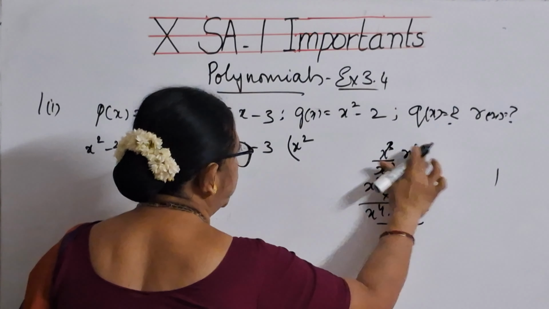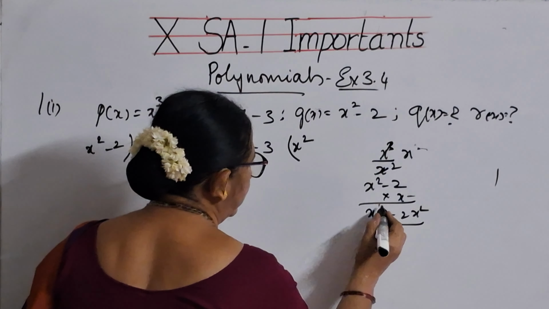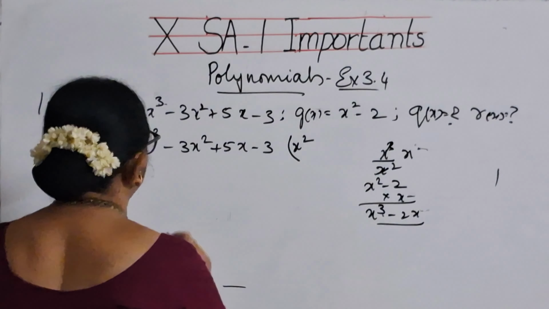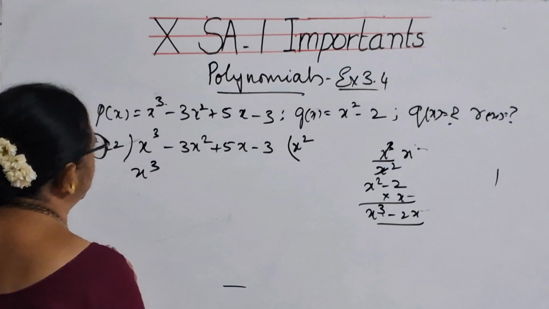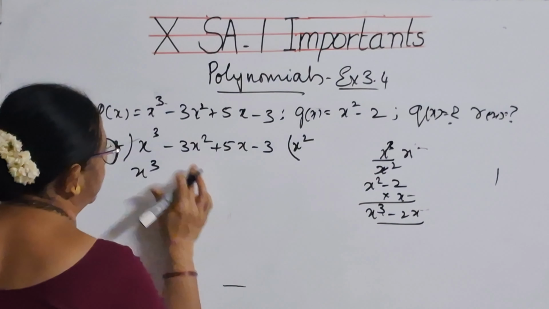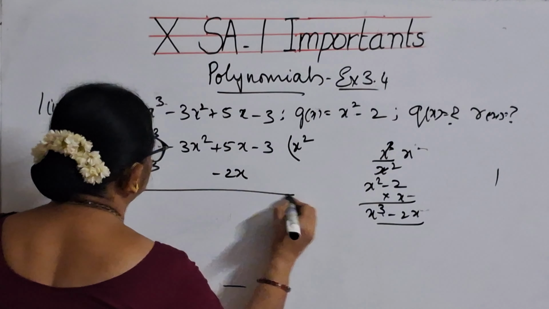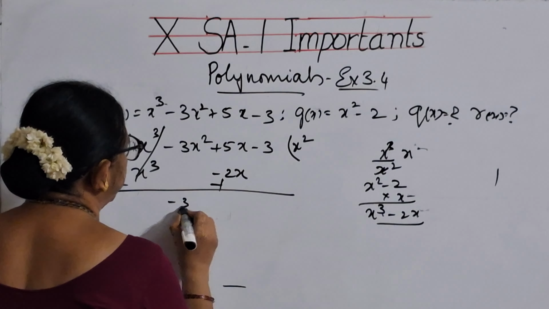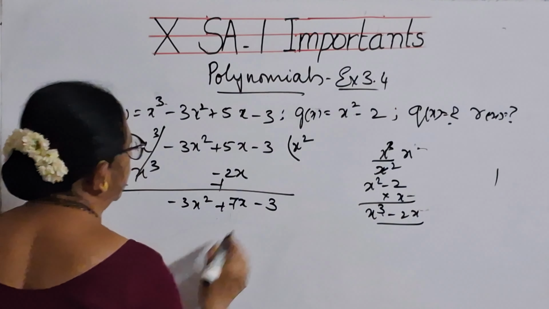Where is minus 2x, children? Below 5x you have to write. You cannot write it here. So minus 2x I have written here. So minus and plus, these two will get cancelled. Minus 3x square plus 7x minus 3 you have got.